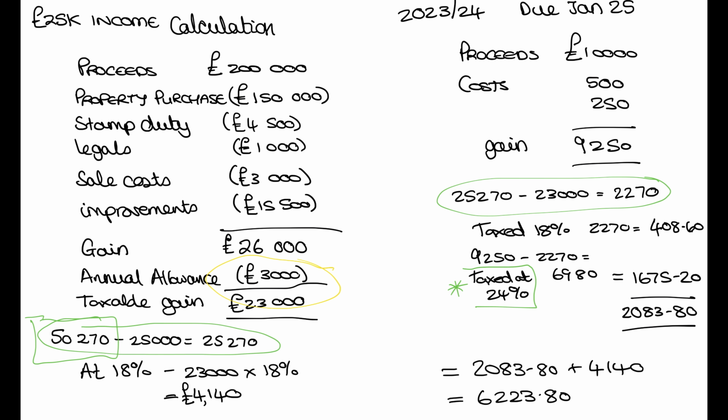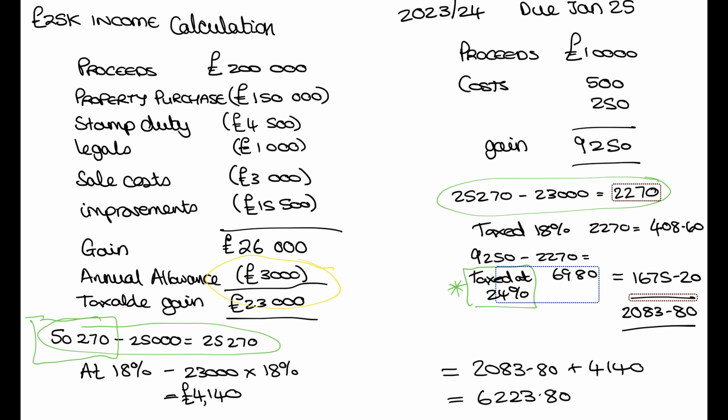The remaining balance of 9,250 take away our 2,270, which equals 6,980, will be taxed at 24%, which equates to 1,675.20.